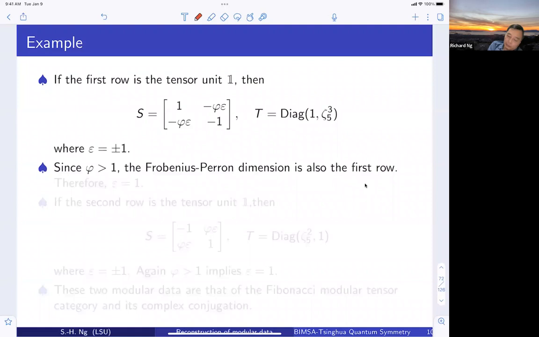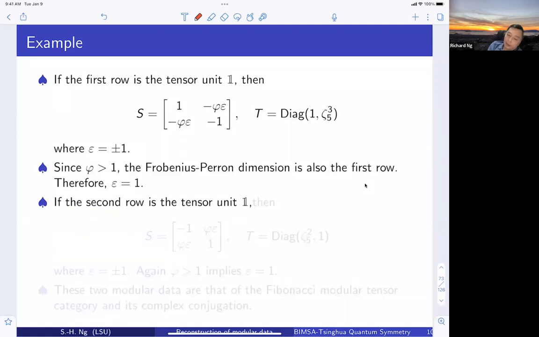So you can see that the absolute value of this entry is the Fibonacci number. It's bigger than 1. So the second row cannot be the Frobenius-Perron. That means the first one has to be Frobenius-Perron. So because of that, this number has to be positive. So because of that, you can deduce epsilon equals 1.